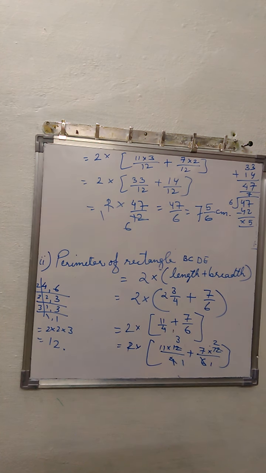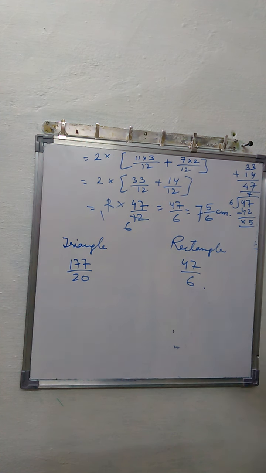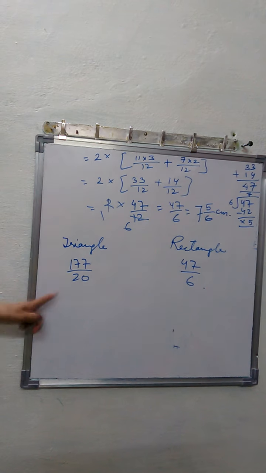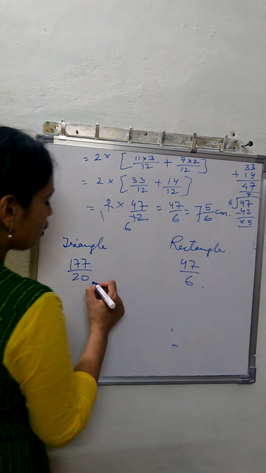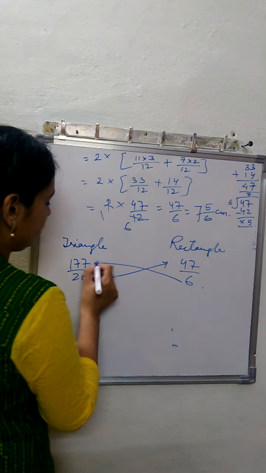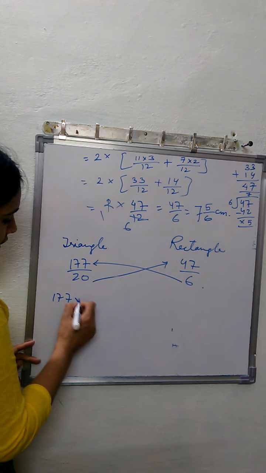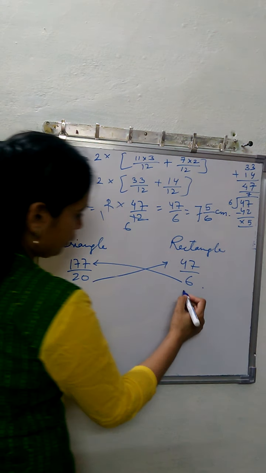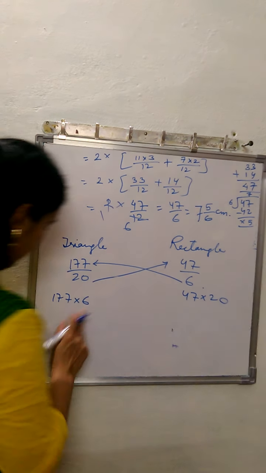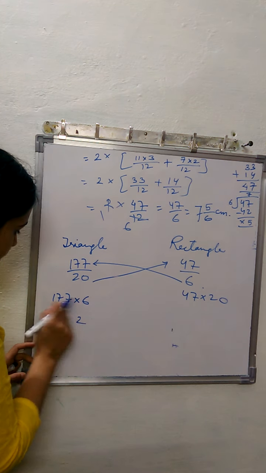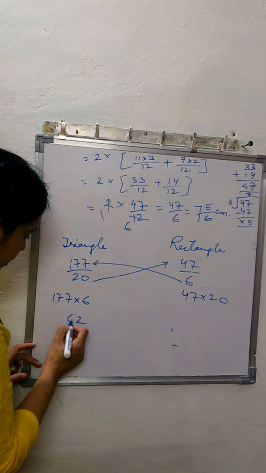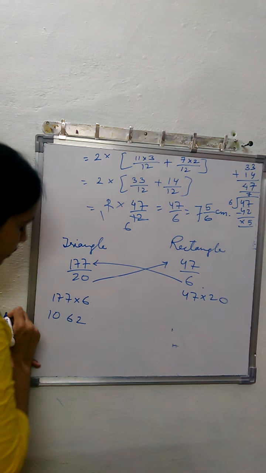Now whose perimeter is greater? We need to compare the perimeters of the triangle and the rectangle. So if we cross multiply, that means 177 is multiplied by 6 and 47 is multiplied by 20. 6 sevens are 42, 43, 44, 45, 46, 6 ones are 6, 7, 8, 9, 10.